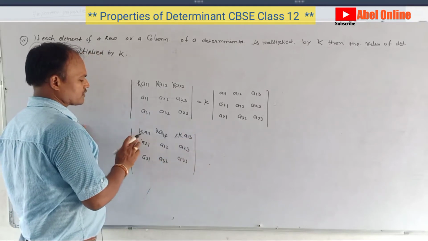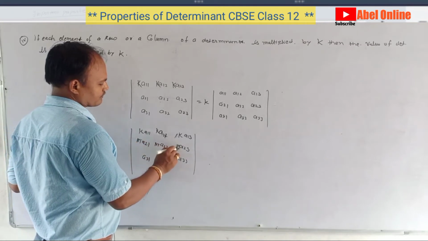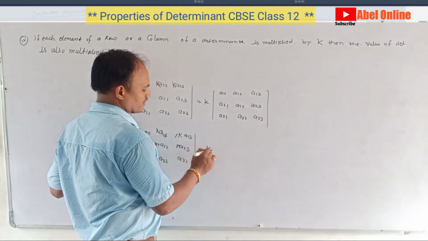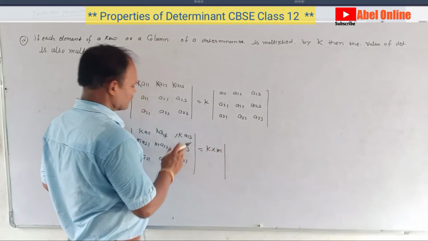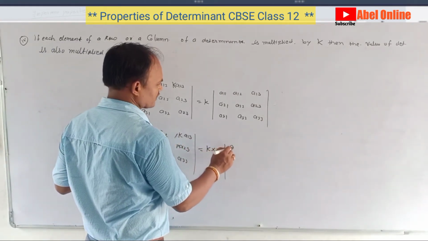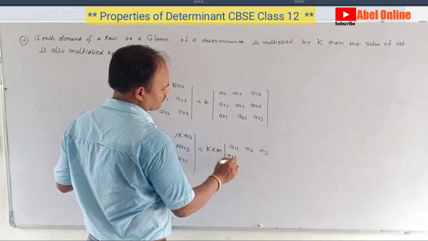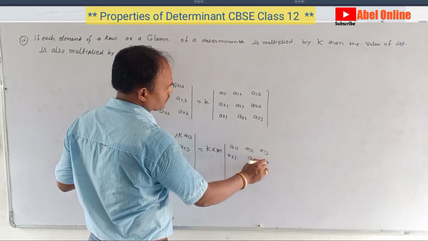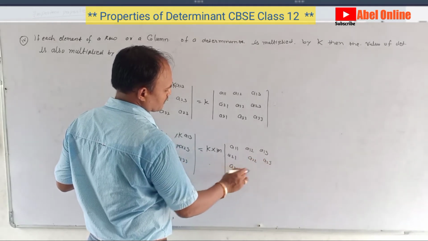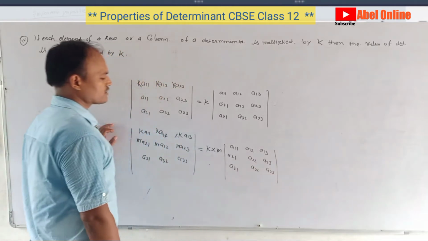What happens if one row has k and another row has m? So what is the answer? It is k times m multiplied by, taking k from here and m from here as common, the determinant A11, A12, A13, A21, A22, A23, A31, A32, A33. It is your answer.